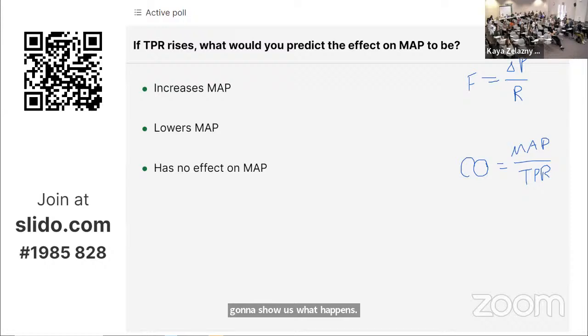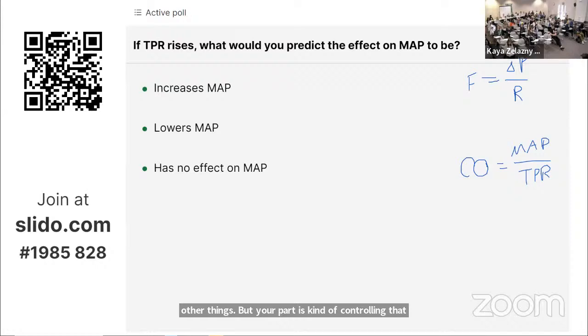This is also a relationship that's going to show us what happens as we try to control blood pressure. So looking at this, what do you think is going to happen if we raise our total peripheral resistance? We're regulating those arterioles, we've maybe vasoconstricted them, maybe vasodilated them. I'm giving you a rise in total peripheral resistance, so that'll be vasoconstriction: resistance up. So we know how that might affect flow in absence of other things, but your heart is kind of controlling that cardiac output.